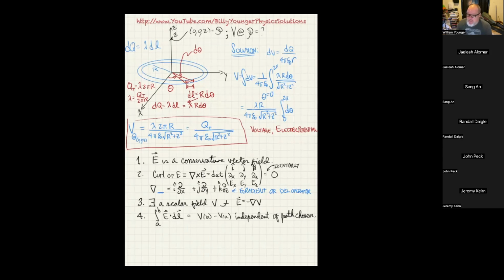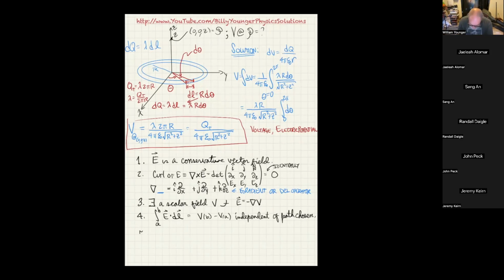You can choose the one that's easiest to calculate. And because of the conservative nature of this field, it's going to be the exact same answer no matter what path you choose. And in fact, the answer is going to be the difference in the electric potential, or excuse me, in this case, the difference between the scalar field at the two locations.